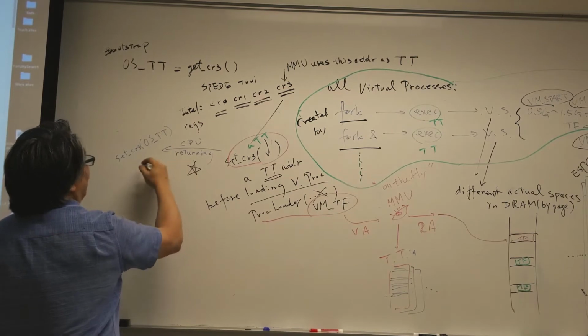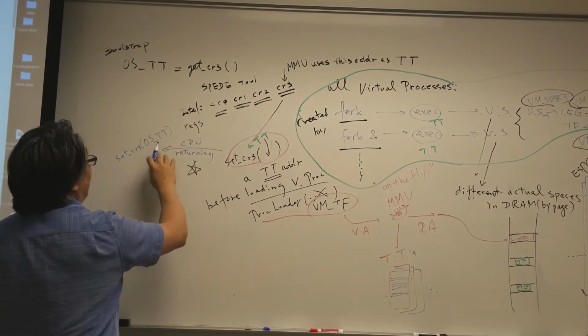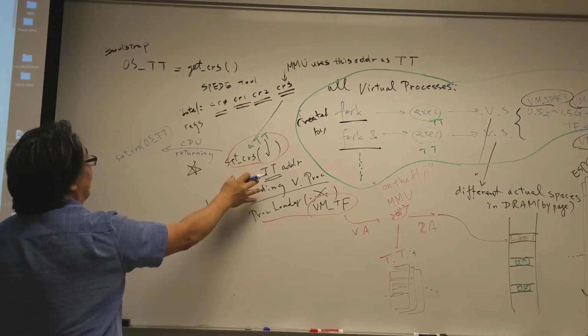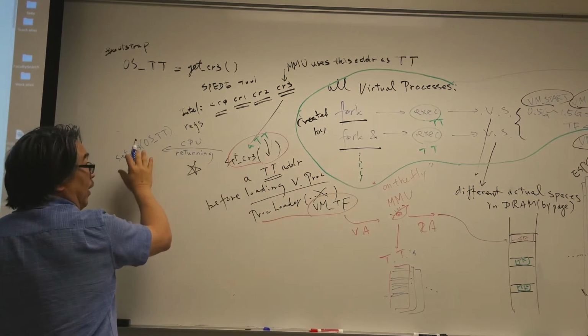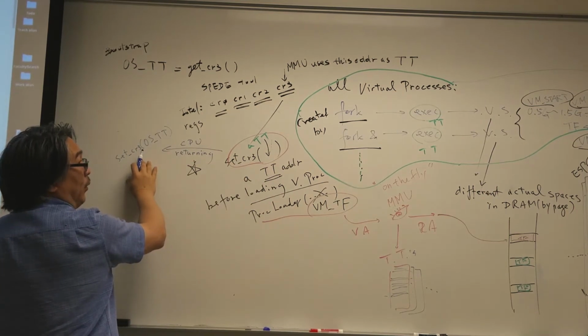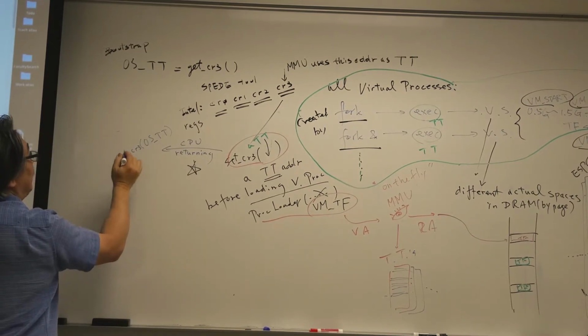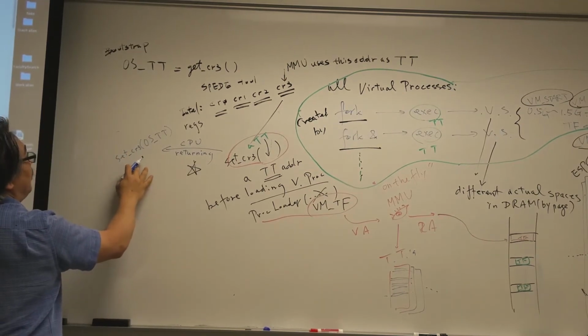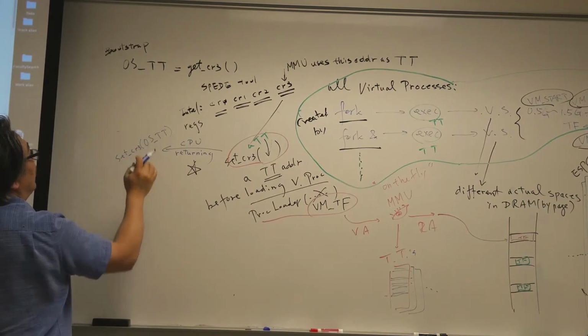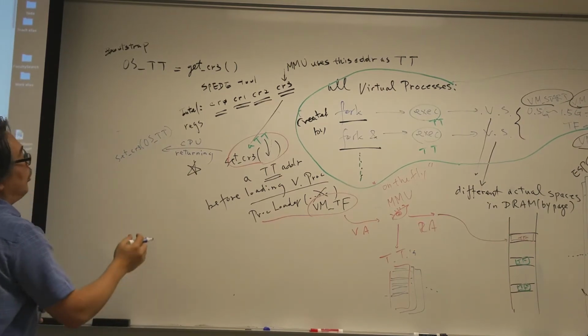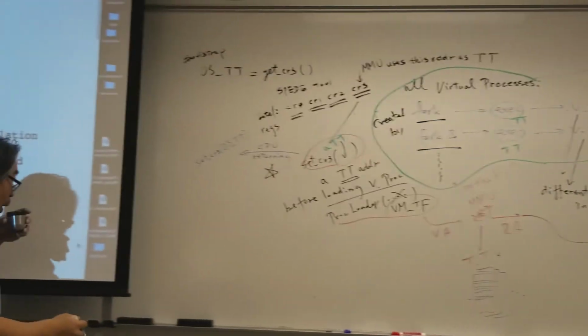Okay, so here you have a virtual space running. Afterward, we have the exit service and the wait child service. These two services are going to set the CR3, the MAU translation table, back to the original and return to kernel mode.